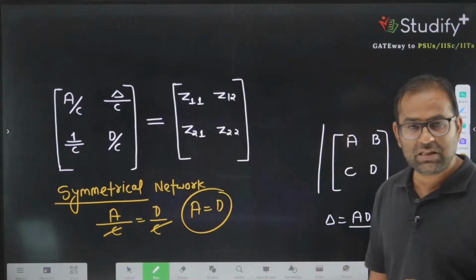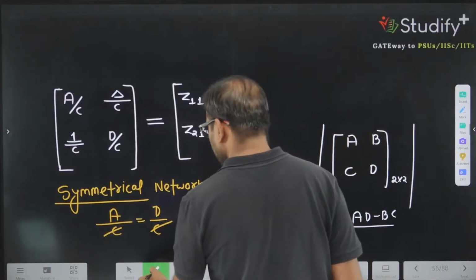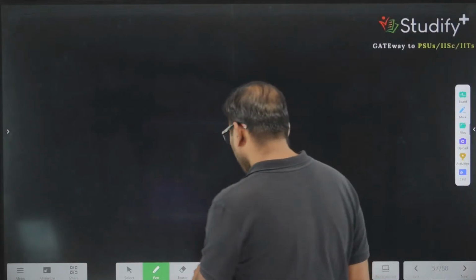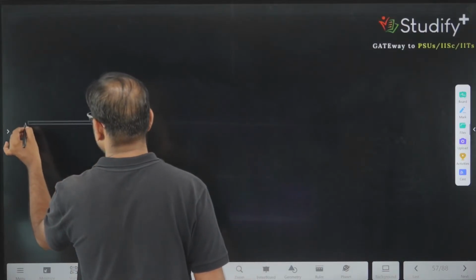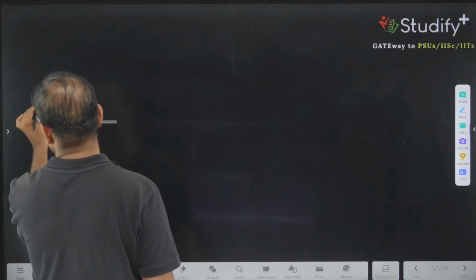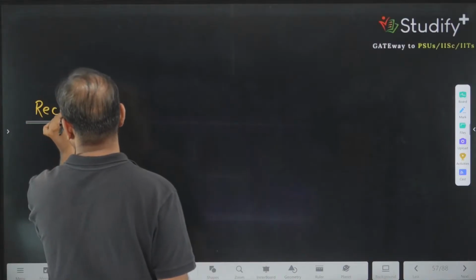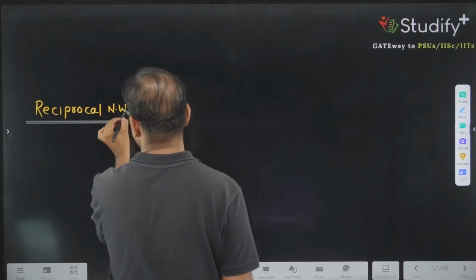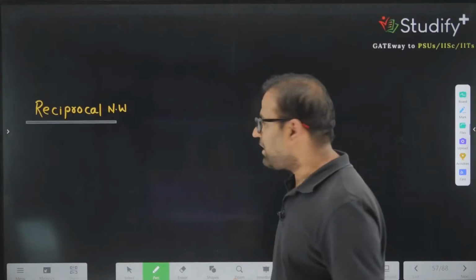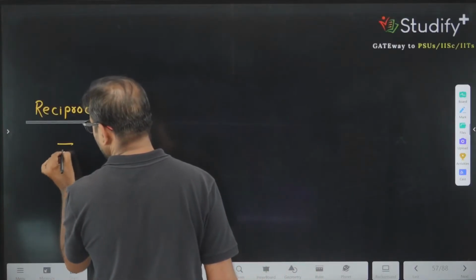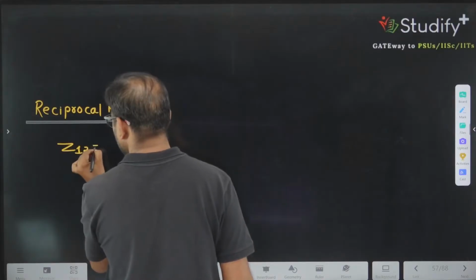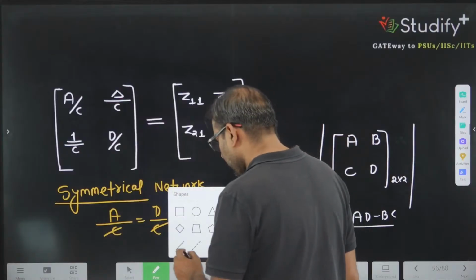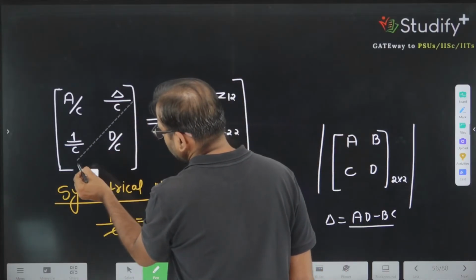What is the second condition? The second condition is the condition for a reciprocal network. For a reciprocal two-port network, what is the condition? Z12 is equivalent to Z21, because these are the Z parameters for the same network.